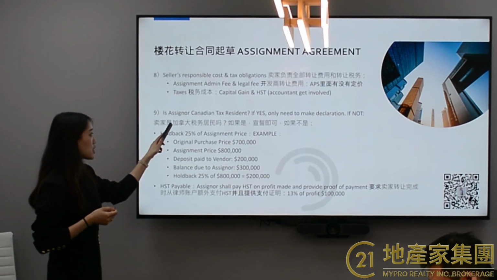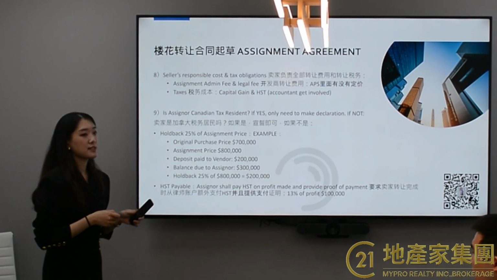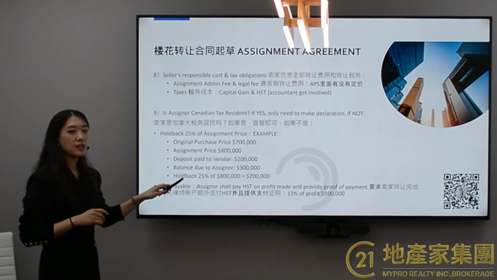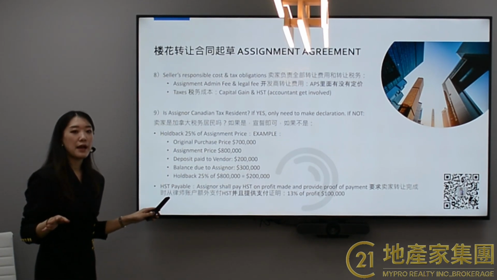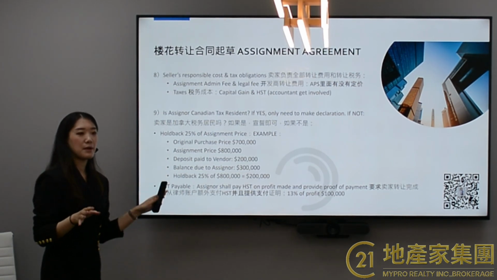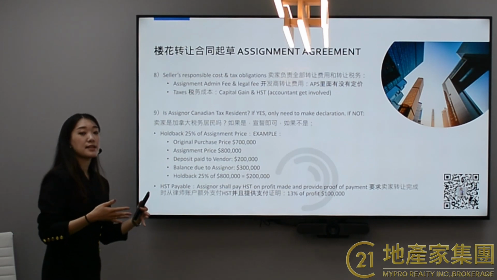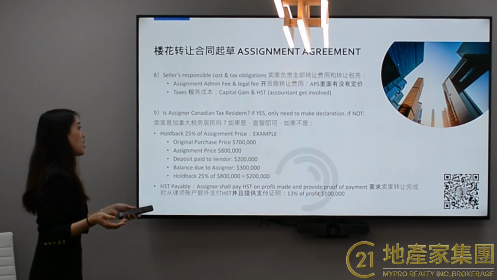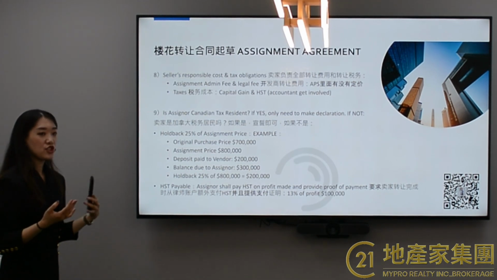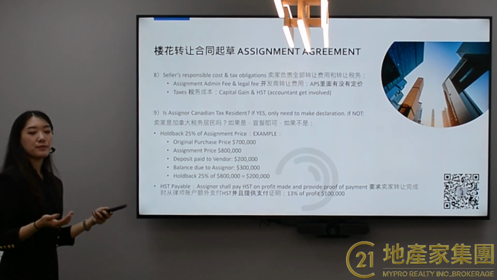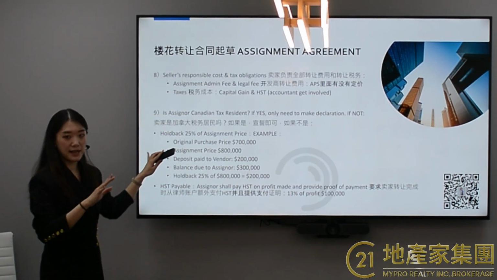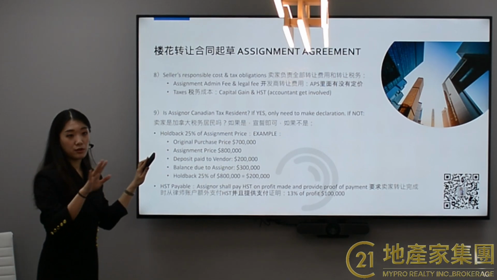If the signor is a Canadian tax resident, then the signee doesn't need to be worried about the tax part.